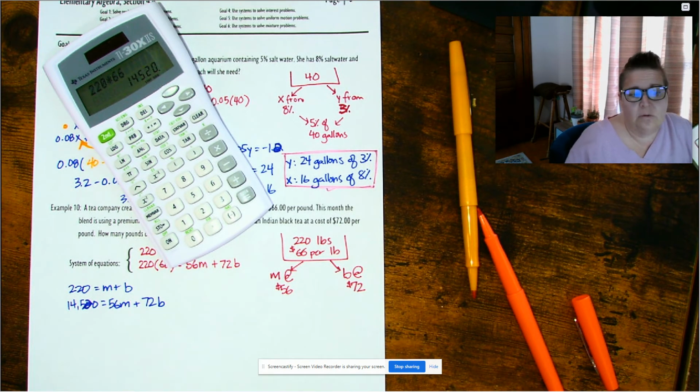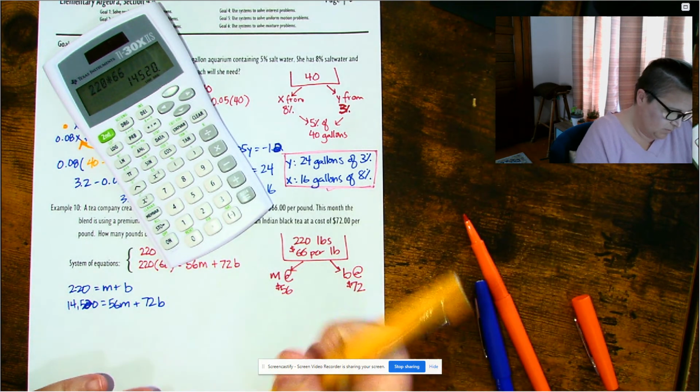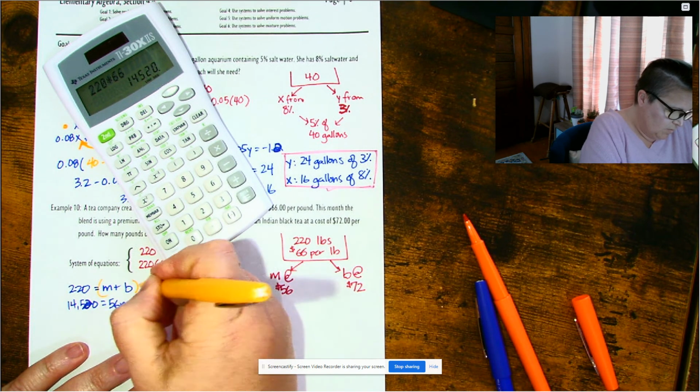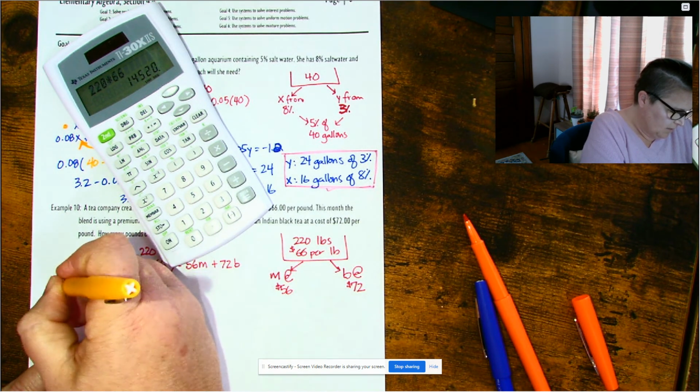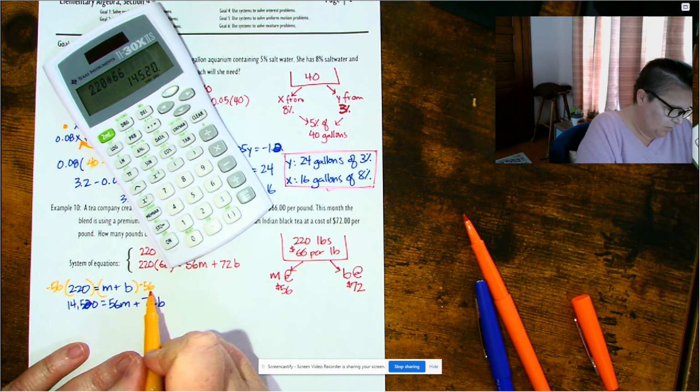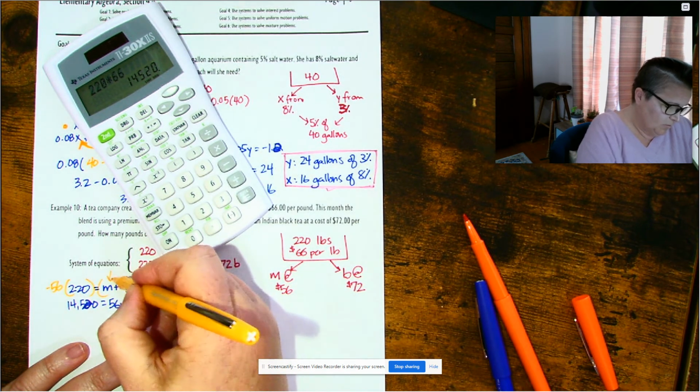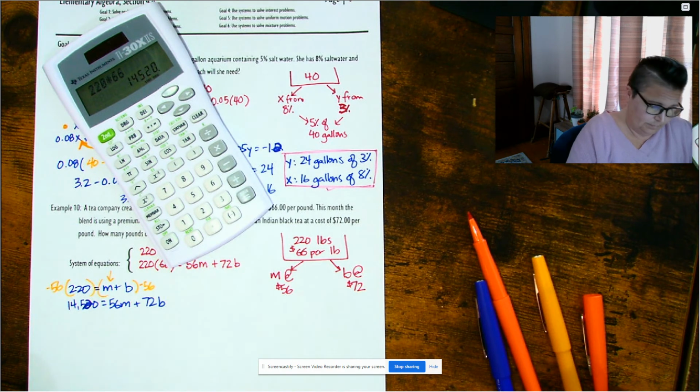Okay, so how do you want to do this one? We can use elimination or we can use substitution. We did one with substitution. I'm going to go ahead and do this one with elimination. And I'm going to multiply this side by a negative 56 and this side by a negative 56. If I multiply by a negative 56, I will be able to eliminate the M's.